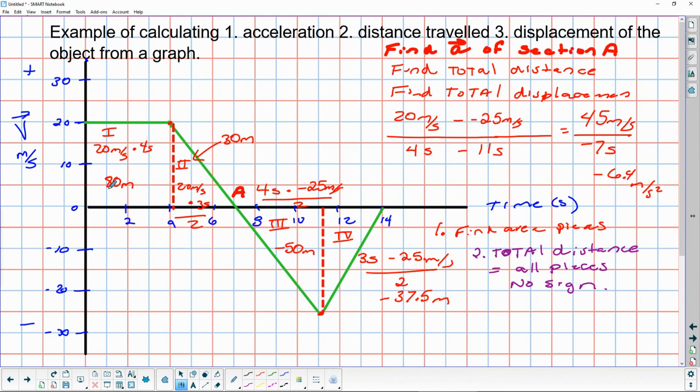So in our case, it's going to be 80 plus 30 plus 50 plus 37.5.